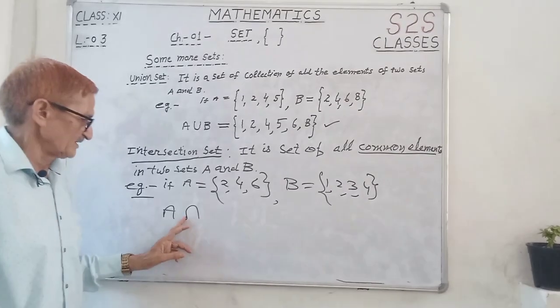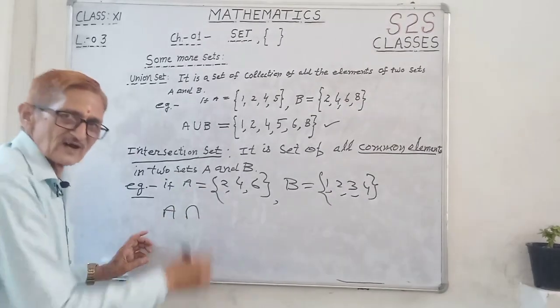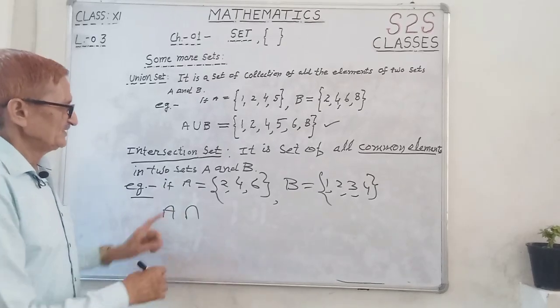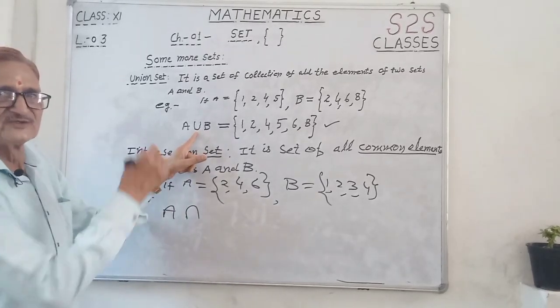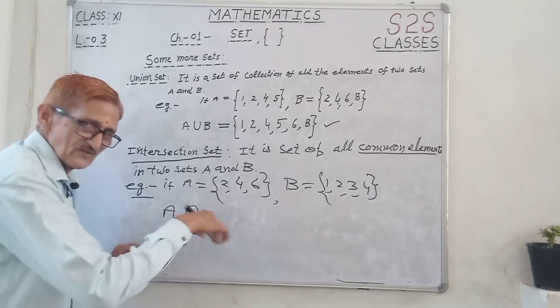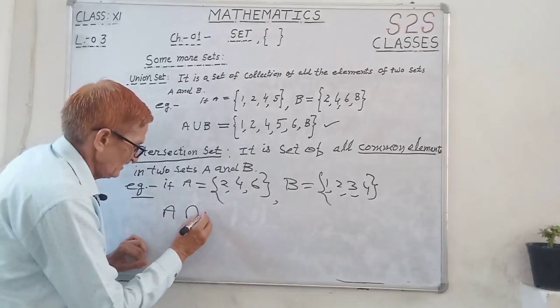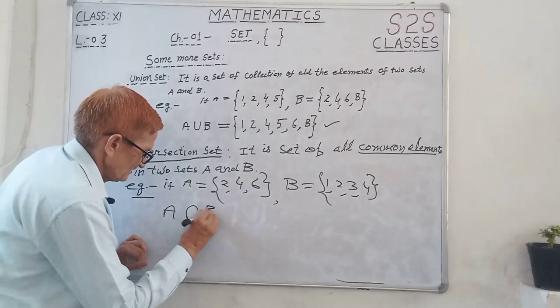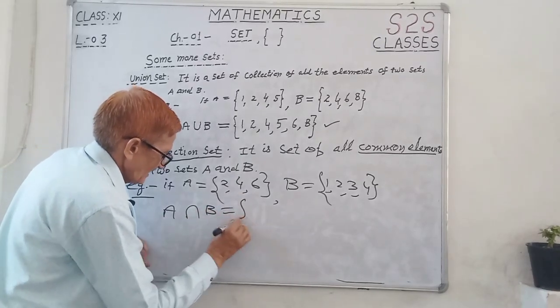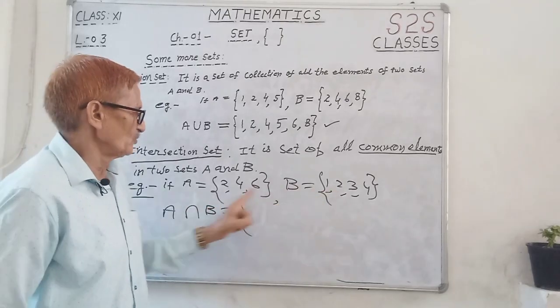Intersection symbol I told in the second lecture, this is downward parabola, downward, this is upward, union U, and it is reciprocal of U. Okay, 180 डिग्री पे घुमा दो उसको, डाउनवर्ड कर दो. A intersection B, this is a set of common elements in A and B. What are the common elements?